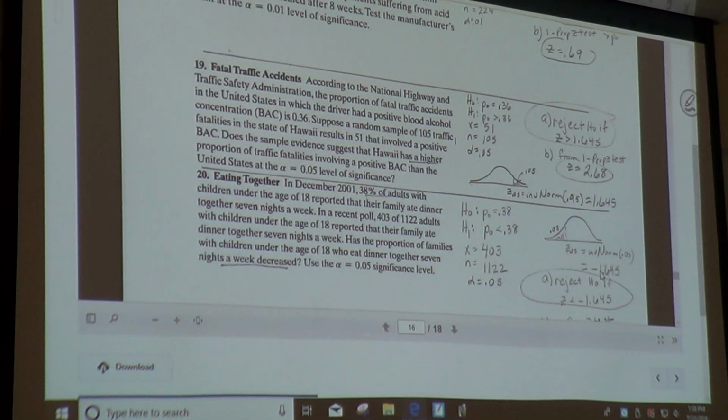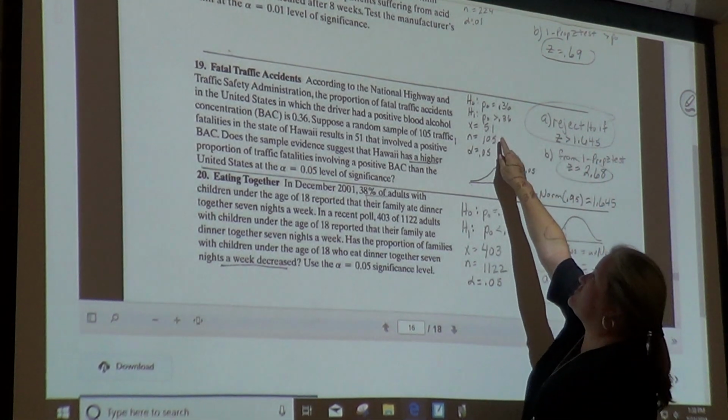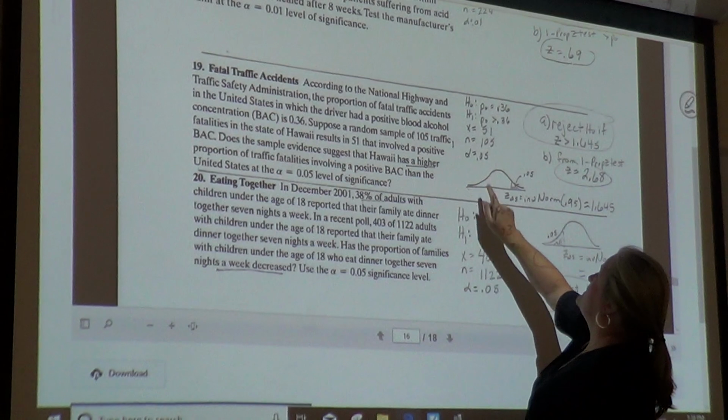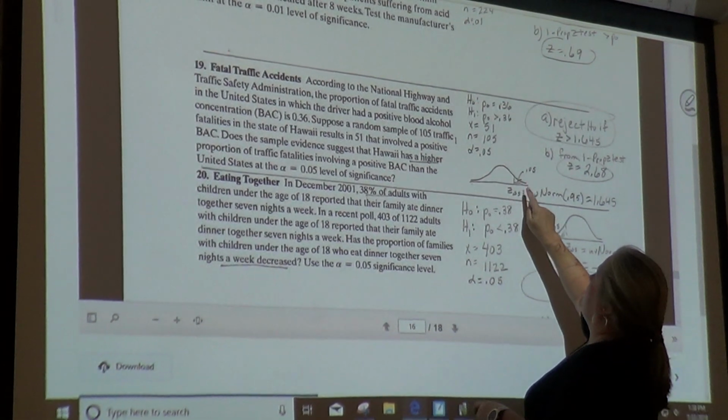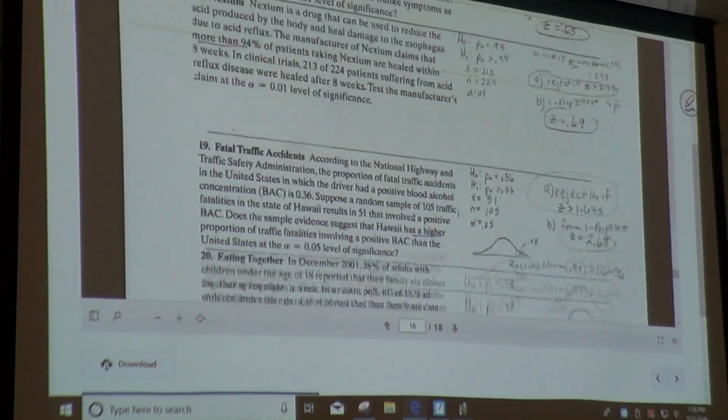This is the one where you have your H0 and your H1, you've got your X, your N, your significance. This one's got the thunderstorm, we haven't done that one yet. Scroll up, get one that we've done.